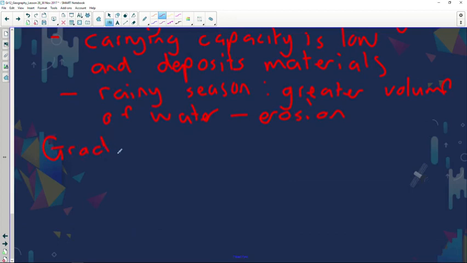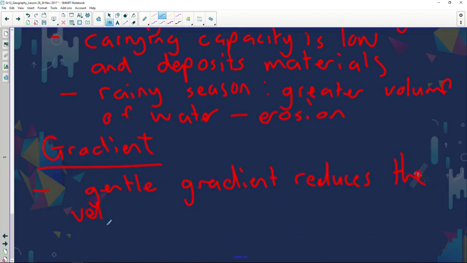Now remember what I said, if the gradient is going to be steep, it's going to be high density. So if you look at gradient, a gentle gradient reduces the velocity of the river. So it means it's going to flow slower.